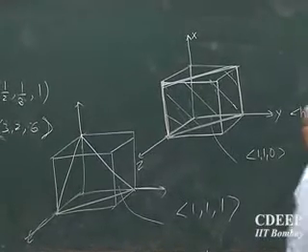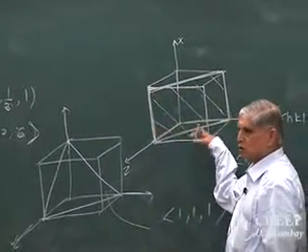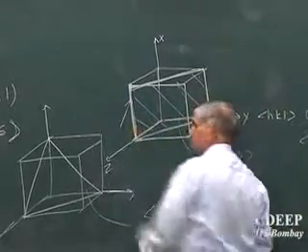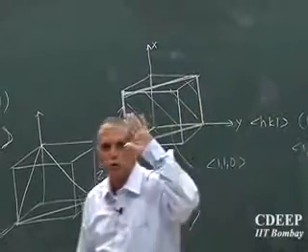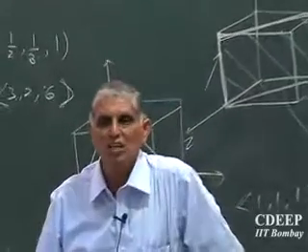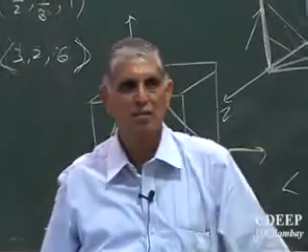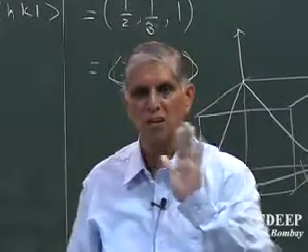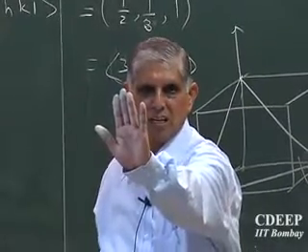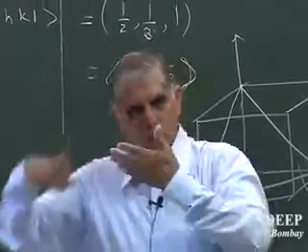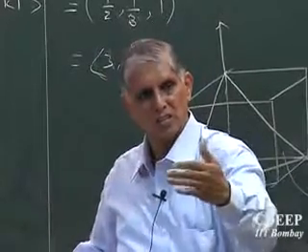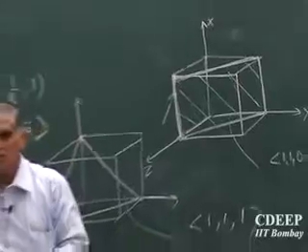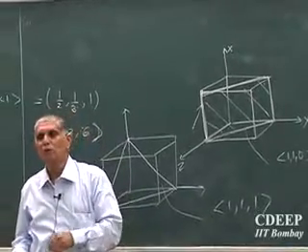If this is your 1, 0, 0 plane, then the direction normal to this plane is called the direction of that plane. Is that clear? All 1, 0, 0 planes will be in this direction, and all 1, 1, 1 planes will be in that direction. So direction is always defined as normal to the plane itself. Why do we want directions?